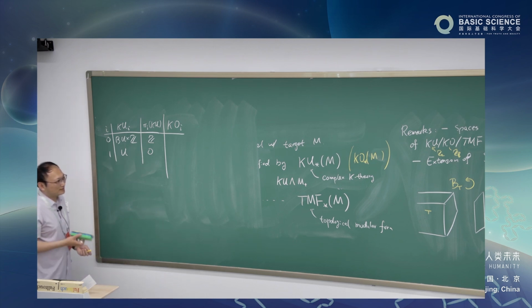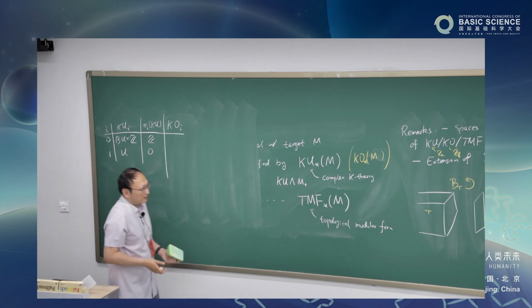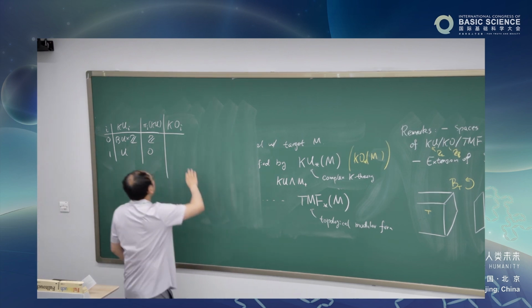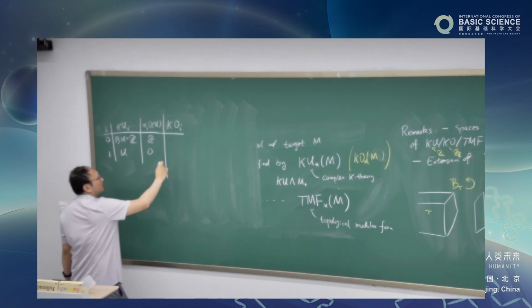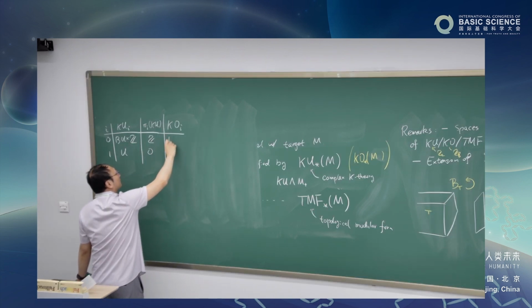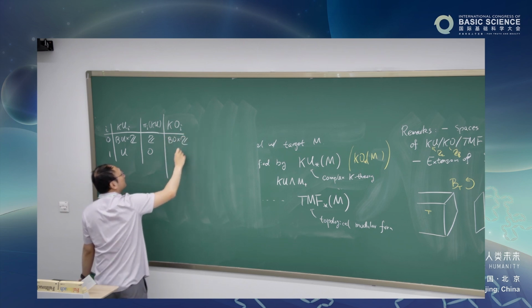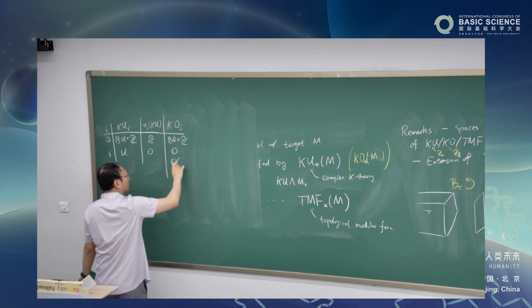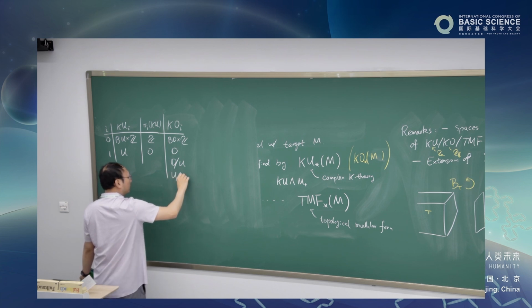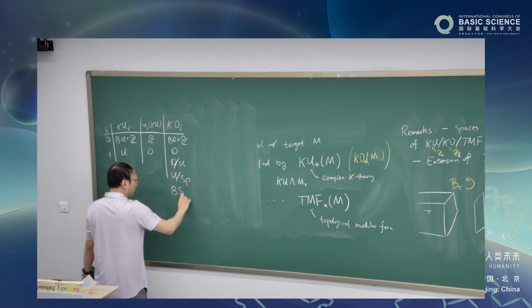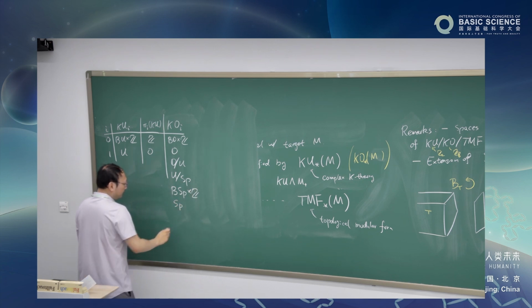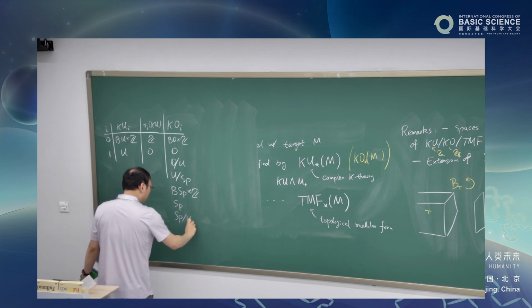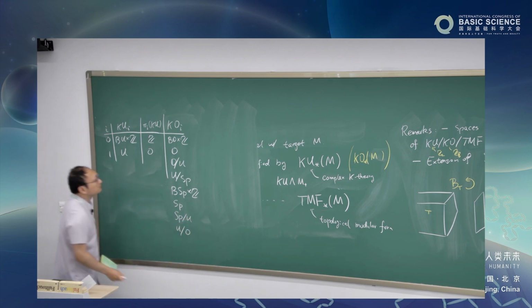So these are famous results from Kitaev and company. And the spaces that appear are BO times Z, O, O mod U, U mod Sp, BSp times Z, Sp, Sp mod U, U mod O. And it's 8-periodic.